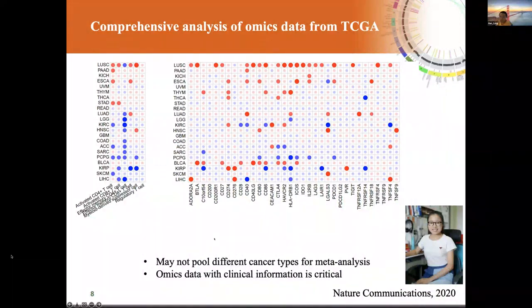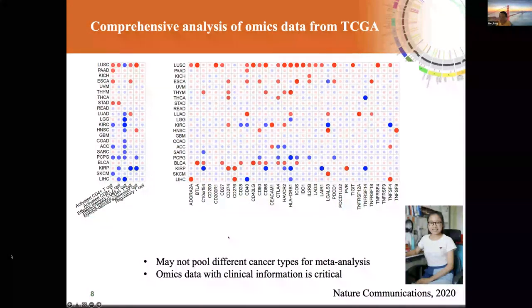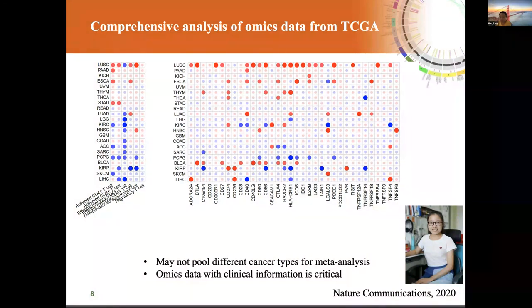So the conclusion from these studies is, one, that we probably should not put different cancer types of patients together for meta-analysis, which will not be robust and reliable. Another one is that we think that omics data with the clinical information is critical for us to further understand what's going on between the male and female patients.